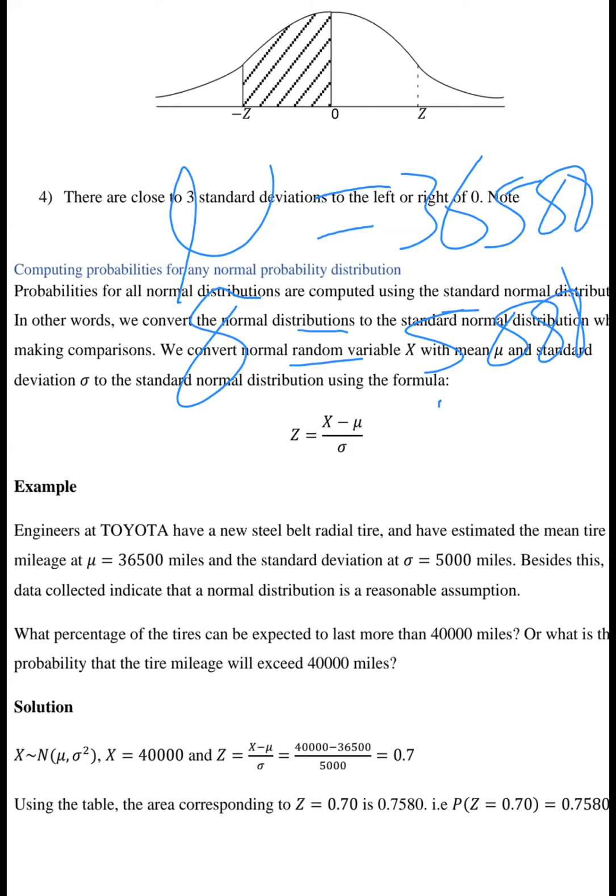Given that on average, most tires spend about 36,500, the question is now, what's the probability that this tire will be able to spend more than 40,000 mileage? When you look at these numbers, these are really huge numbers.